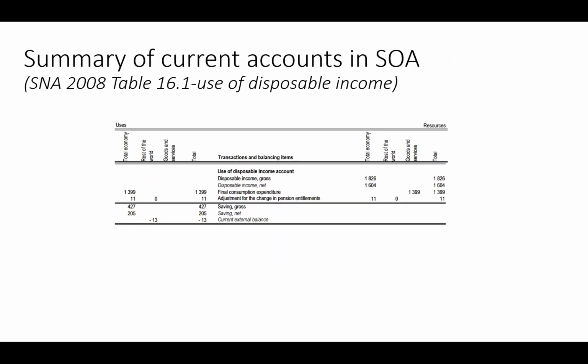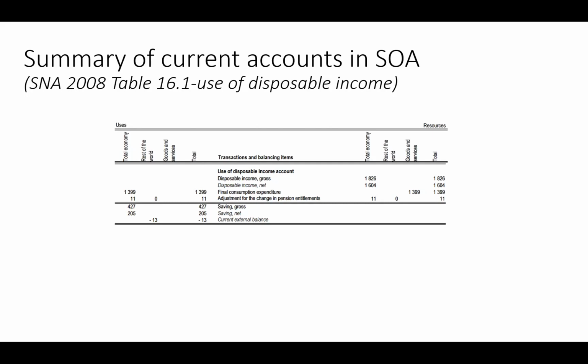Can we go back to the previous slide, please? Yes, just a quick question here. Gross saving here is 427, and then net saving is 205. So how can I get the net saving here? How did I get the 205 here? Any response?